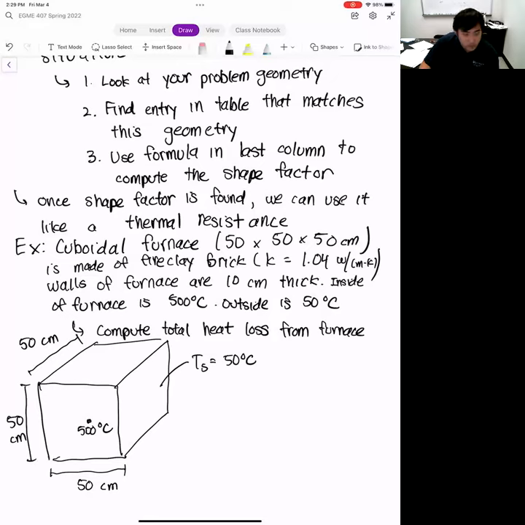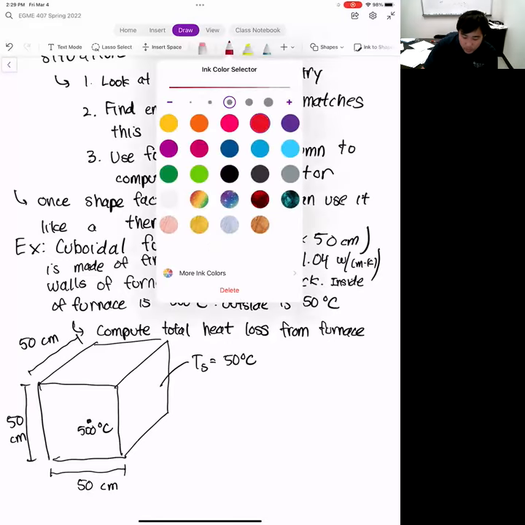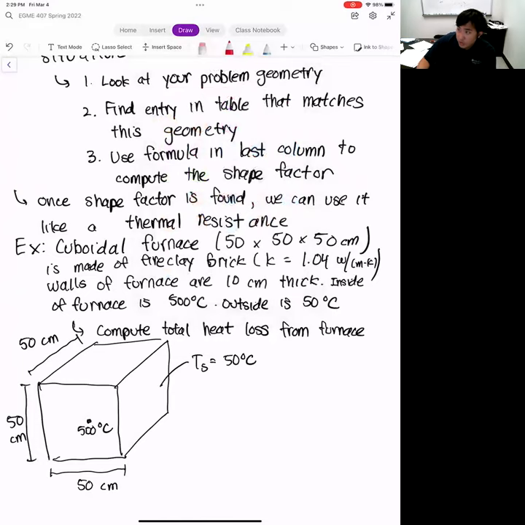Let's visualize what's going to happen with the heat transfer in this situation. Imagine you have this box that's a furnace, and the inside walls of this box are held at 500 degrees C. Heat is going to radiate out across all the sides.